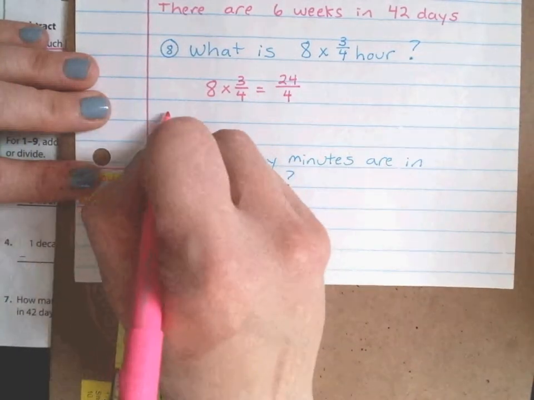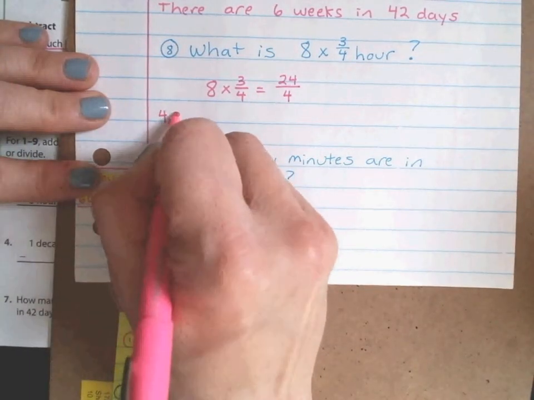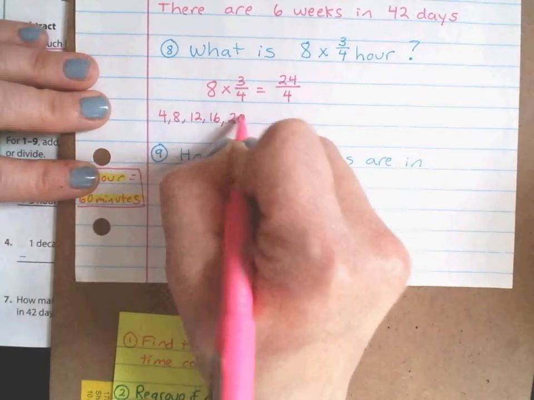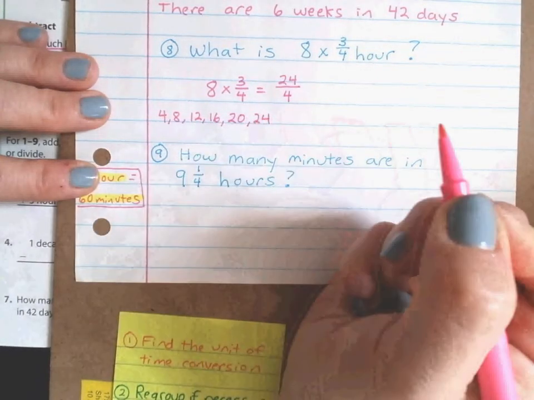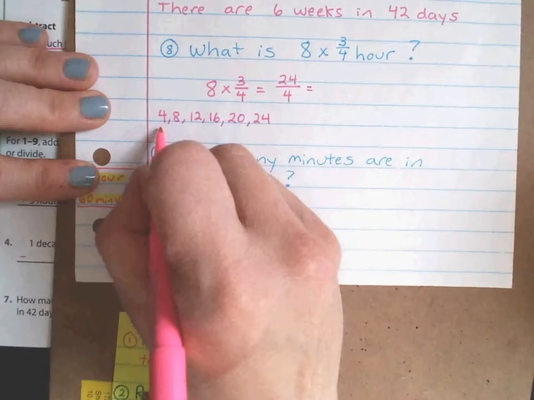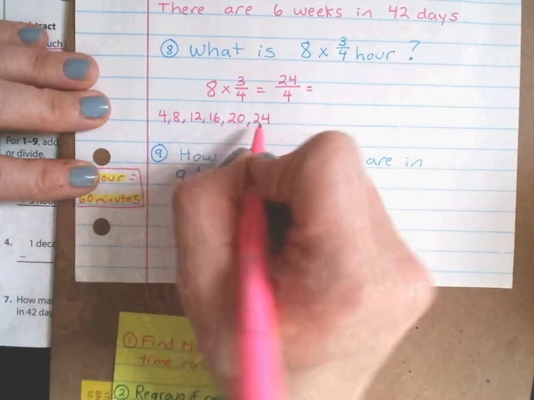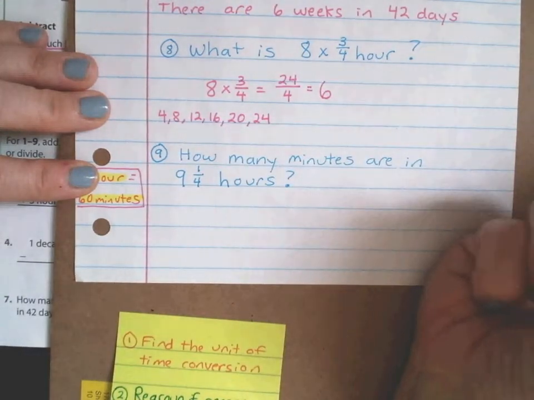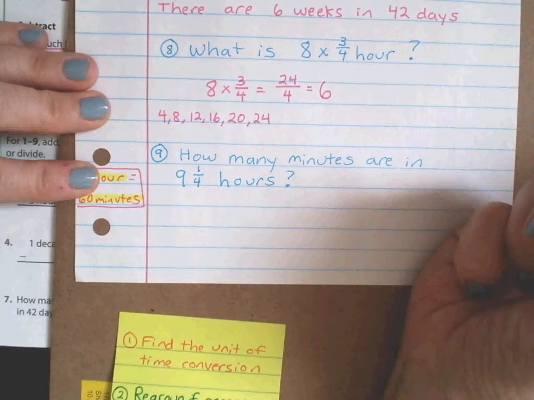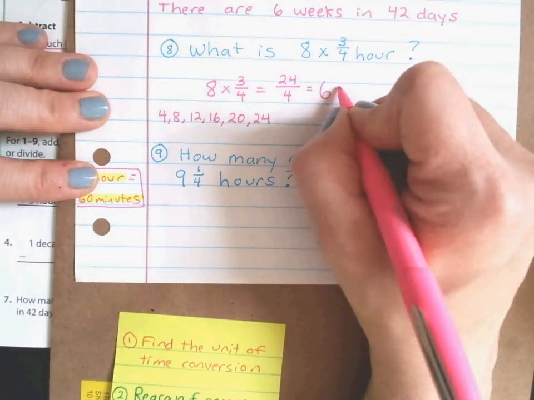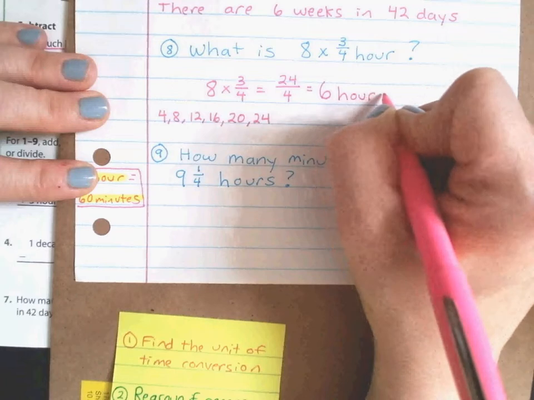So if I skip count by 4s, I can get exactly 24. 4, 8, 12, 16, 20, 24. Ding, ding, ding. So 24 fourths would be 1, 2, 3, 4, 5, 6 wholes.